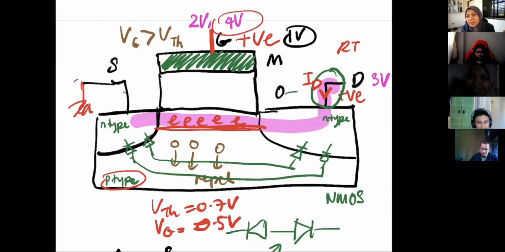No. Why not? For the inversion channel, I think it will be thicker. When the VGS is increased from 2 volt to 4 volt, right? Did you say, I wonder, awak dengar tak Mirza jawab tadi tu?